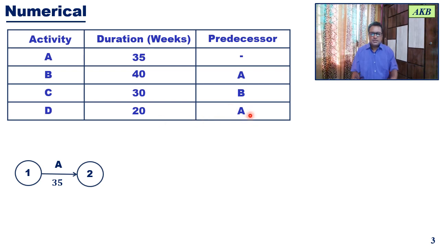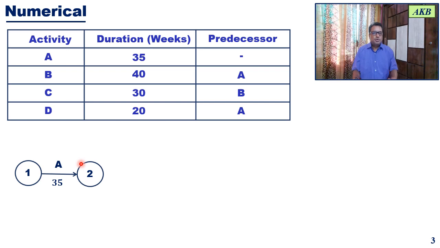That means you can start B and D once activity A has completed. Activity A has completed at event 2. So event 2 can be the starting event for activities B and D.